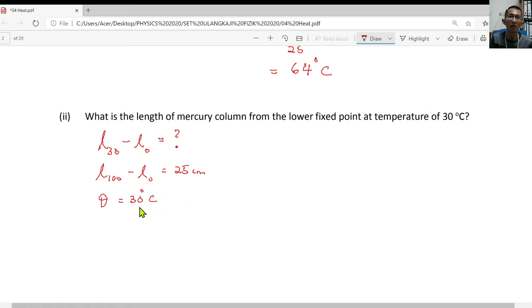So using this information, we substitute this into our equation.